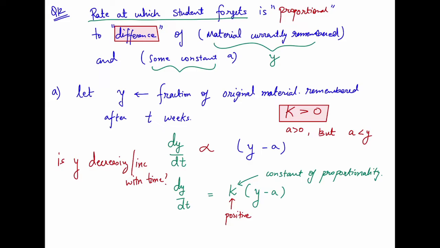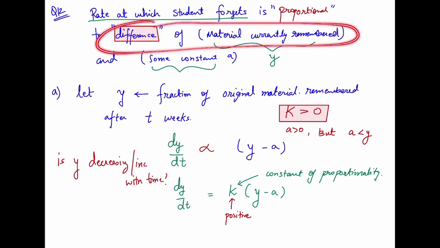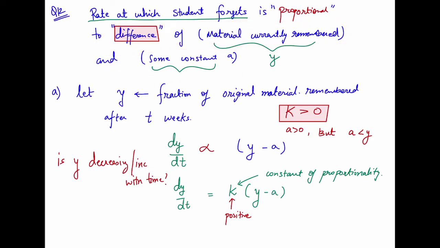Positive, right? So that's going to ruin us. We want that thing to be intentionally negative to make this differential equation work, so the ambiguity lies here. They've told you the difference between the material remembered and some constant a. Because of the constraints given to us, the correct differential equation will be this.